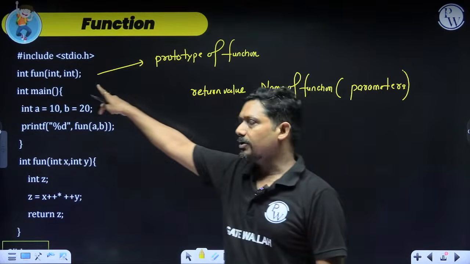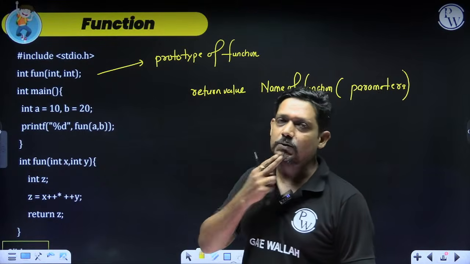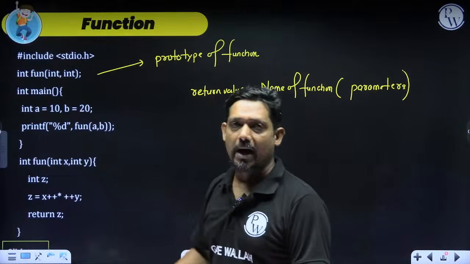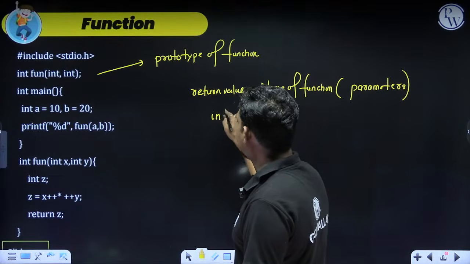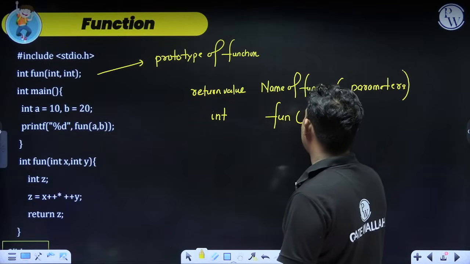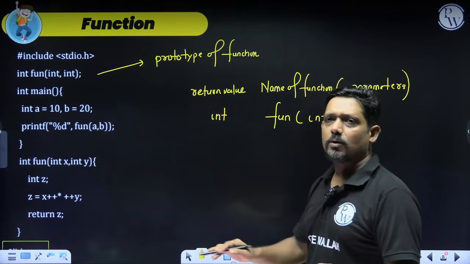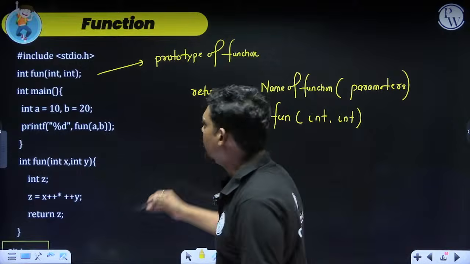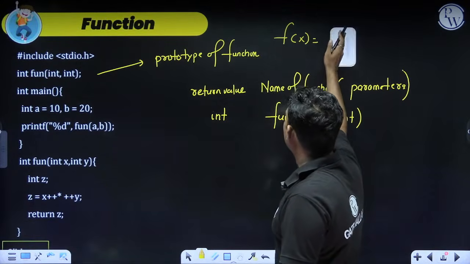Name of the function and the parameters that we are passing. In this case, you can see there are two integer values being passed. So here the return value is an integer, the name of the function is fun, and we are passing two integer values. Now here you don't get surprised, because in mathematics in 11th and 12th you always heard of this: f of x is equal to x square.